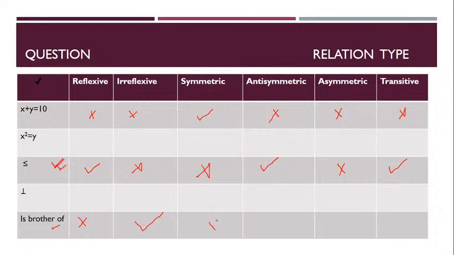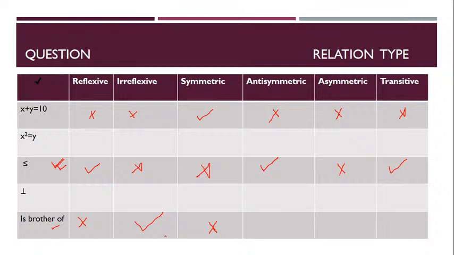That's why it is not that every time a bidirectional edge will be there. What I said, x is a brother of y and y can be sister of x. Due to that reason, I am saying that it is not symmetric.